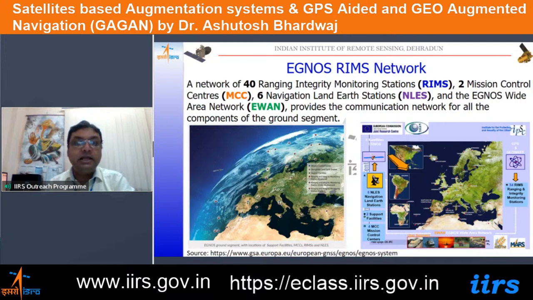However, as Galileo is moving towards completion, they planned for EGNOS 2.0, where their systems will work on the GPS as well as Galileo. They have 2 mission control centers, 6 navigation land earth stations, and an EGNOS wide area network. So this is the location of various stations they have put across the European region.